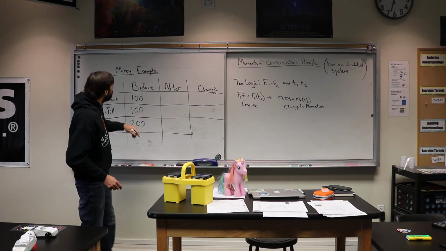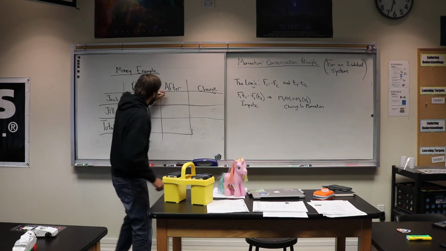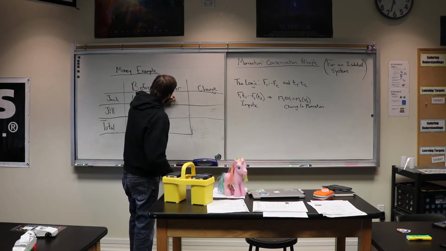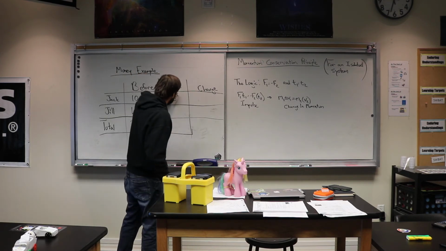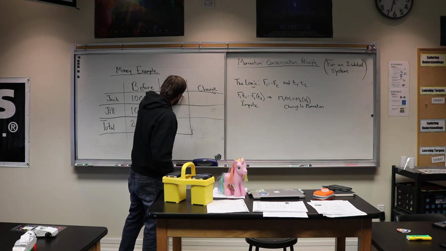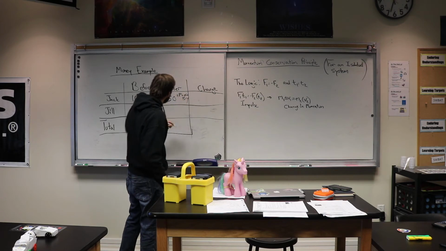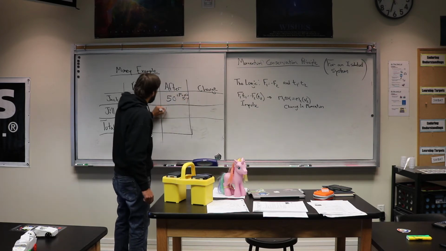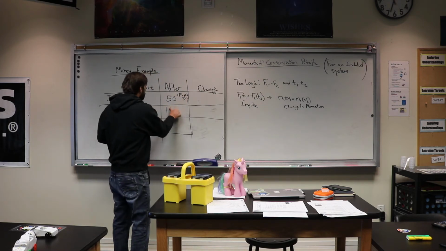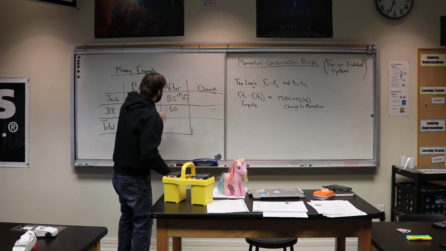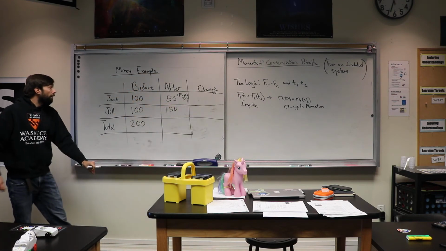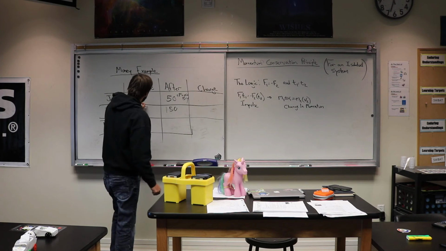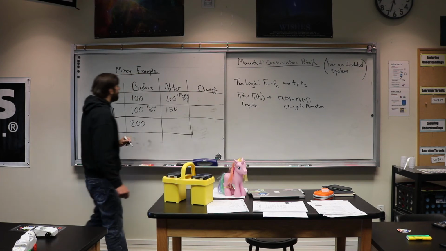So Jack loses $50, so he now only has $50, plus Physics Pony. And Jill now has $150. Oh, and Jill has Physics Pony here. All right.